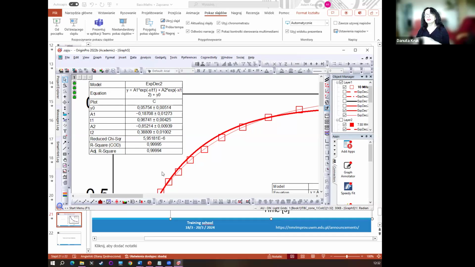However, you will never get the question, please give a ratio between A1 and A2. Because this is nonsense. What you might consider is the ratio between the contribution of the fast process and the contribution of the slow process. So you never write in a paper A1 over A2. You write, for instance, A slow over A fast. And then for each case, you must look at which amplitude is associated with which relaxation process.